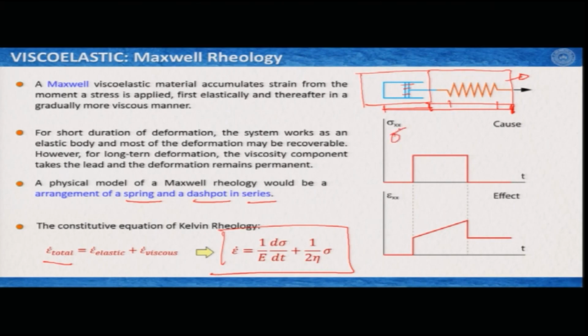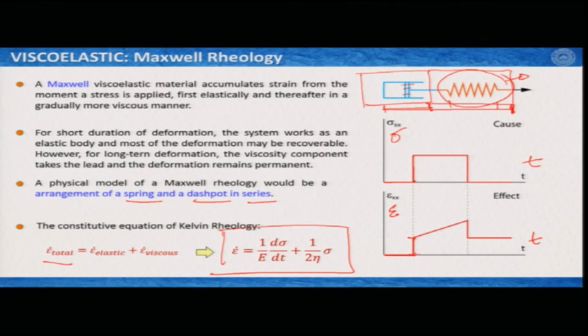And here again we have the stress and strain versus time curves. Let me explain it: we have zero stress, no strain. Then I instantaneously apply the stress, and the strain increases instantaneously because of this elastic element. This deformation is essentially because of the spring.